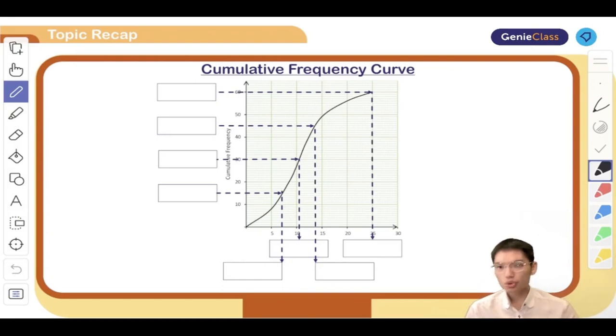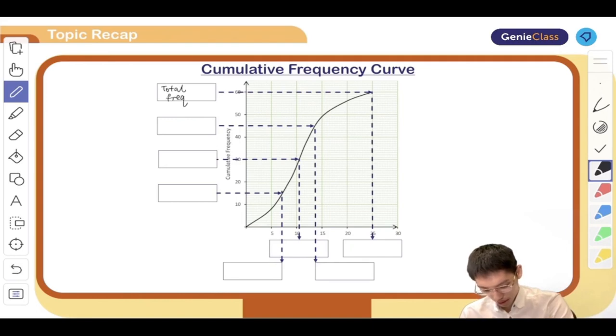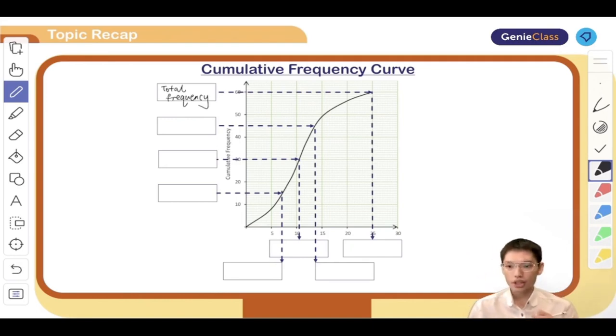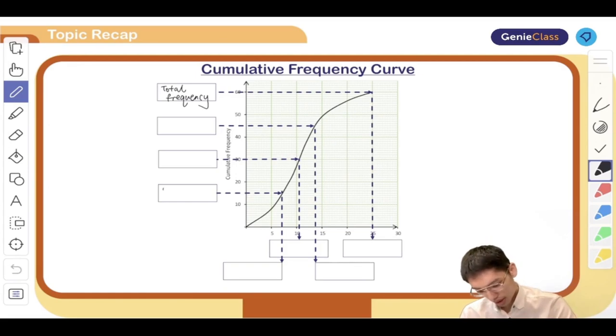Following up, with regards to my frequency curve, if I look at the curves, we can take a look at some shortcuts. The highest part is my total frequency. If I cut it into 4 sections, the lower section is the 25th percentile, which corresponds to my lower quartile.